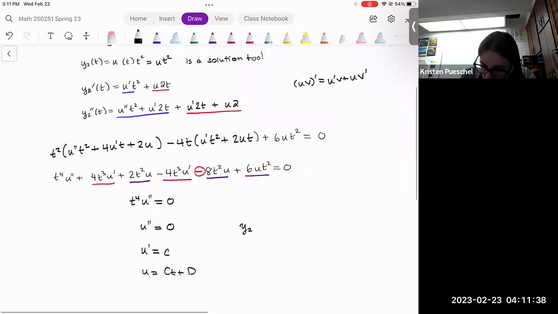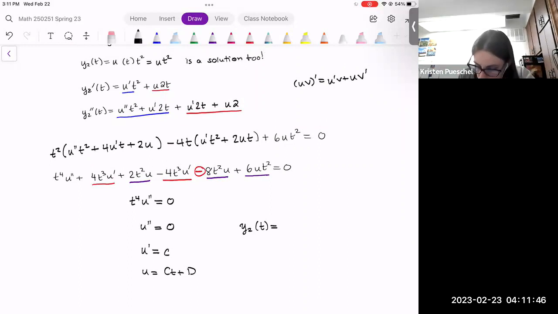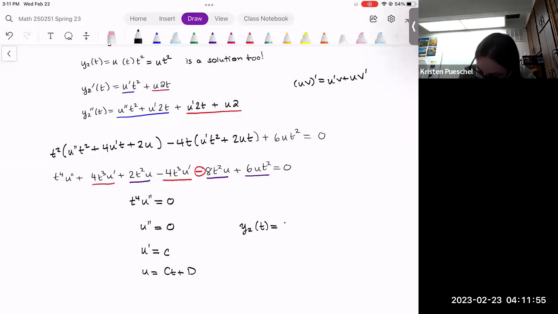Our solution then, y2 of t, is u times t squared. We already know t squared is a solution, so I'm just going to set c equal to 1 and d equal to 0. I'm going to take just one copy of t times t squared, which gives us t cubed as our second solution.